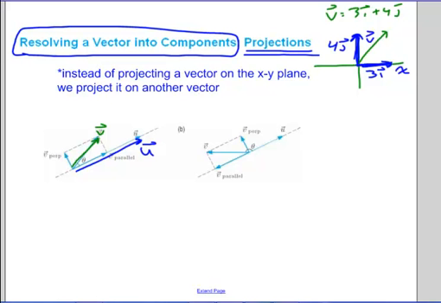So this red vector here is the projection of v onto u. That's the amount of v that's, how do we write this, parallel to u. And then in black, here's our perpendicular v. So that is the v that's perpendicular to u.